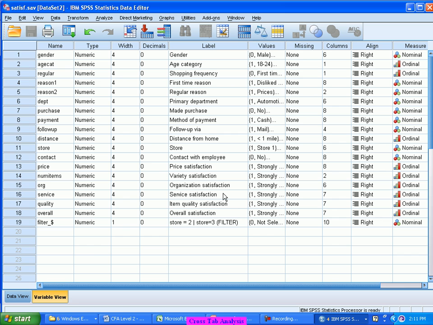Now let's say here I want to look at the relationship between the service satisfaction and gender. Gender and service satisfaction.